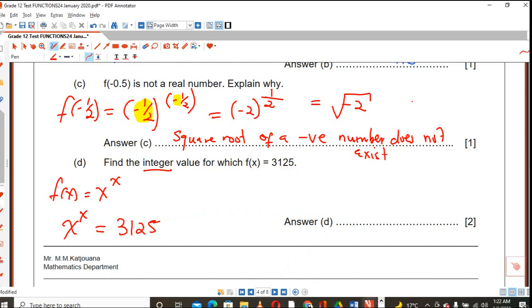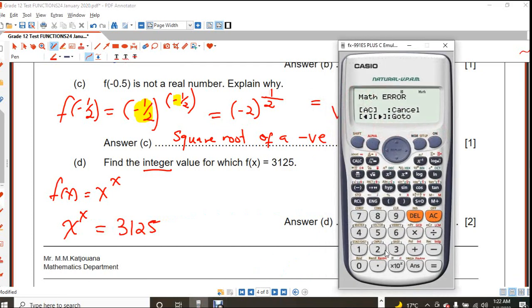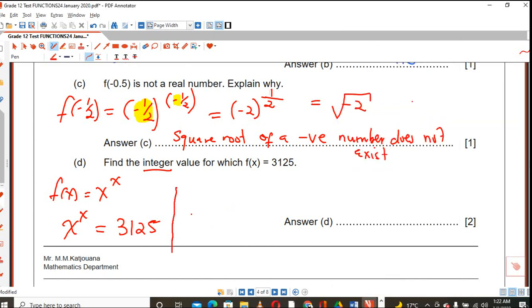If you express 3,125 in prime factor form, it is 5 raised to the power of 5. So x to the x is equal to 5 to the 5. When the bases are the same and the indices are equal, the number we're looking for is 5.